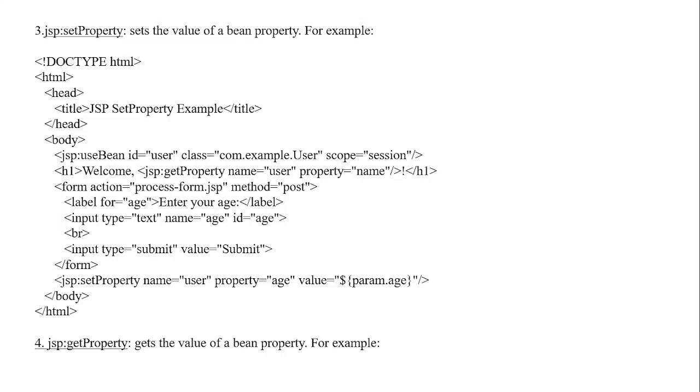So if you want to use POJO classes, bean classes, class files with some get and set methods, to interact with those .class files, we use these two methods, and also we use the bean action tag to attach or to give a scope to the .class file.